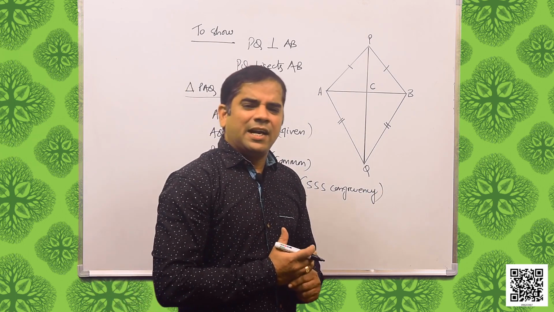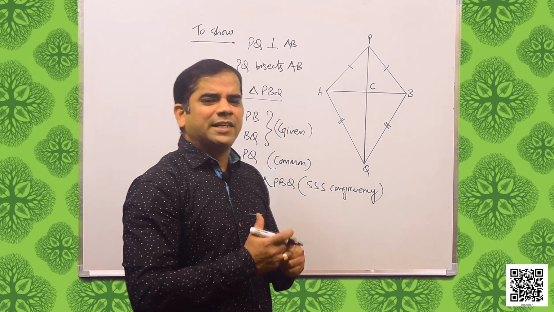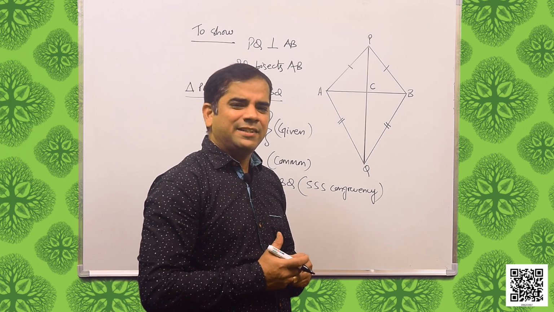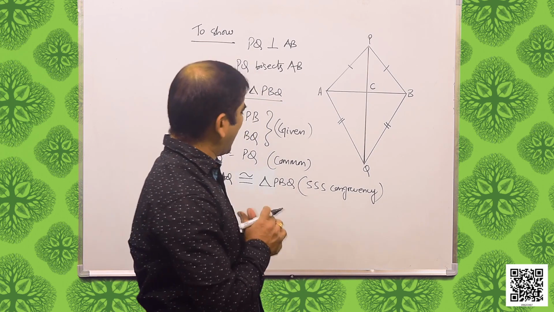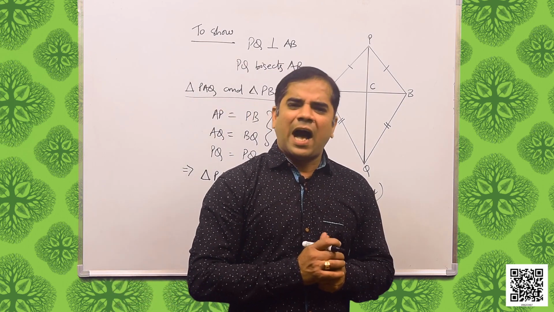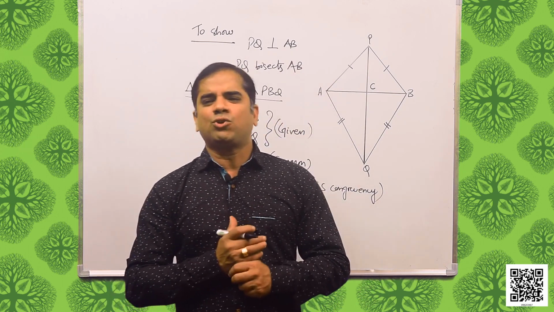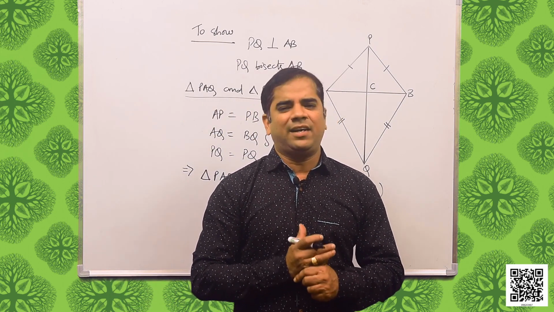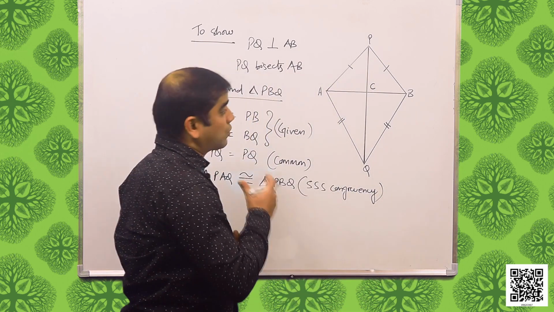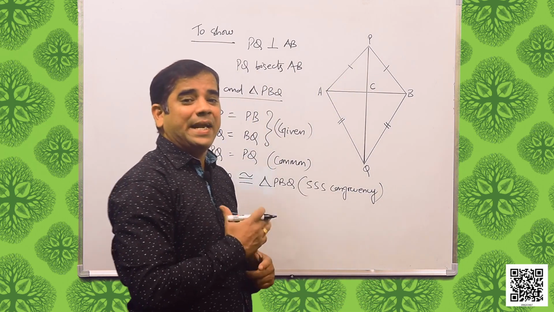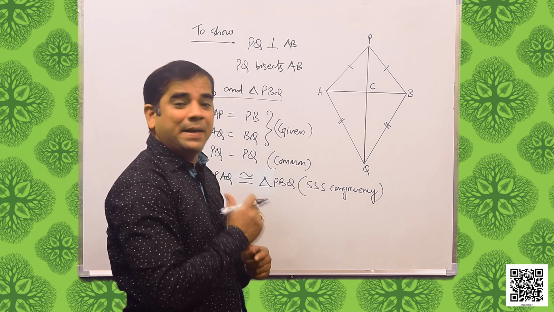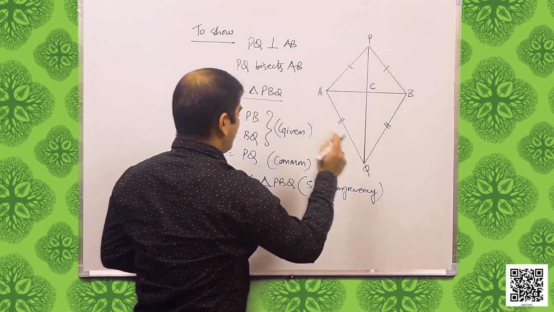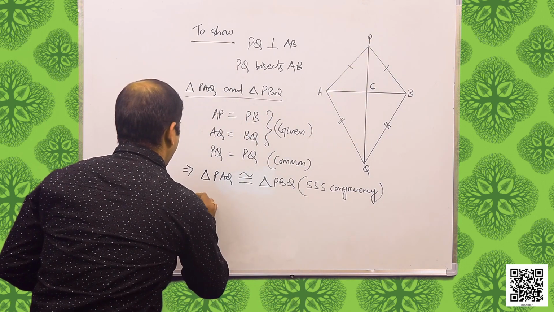Before considering triangle PAC and triangle PBC, as PAQ and PBQ are congruent, what else can we find?